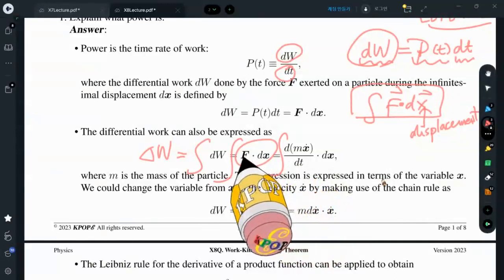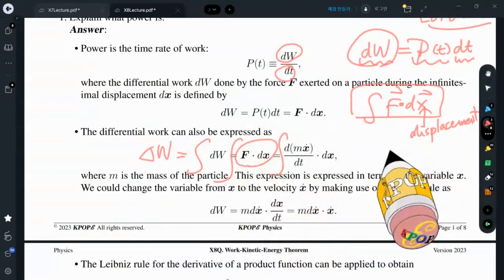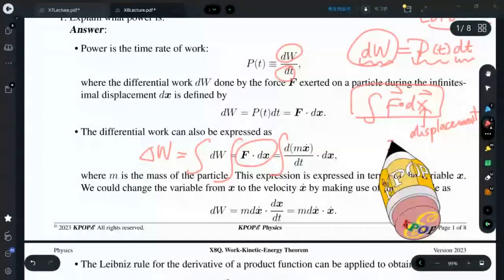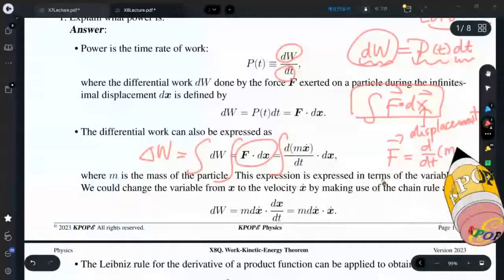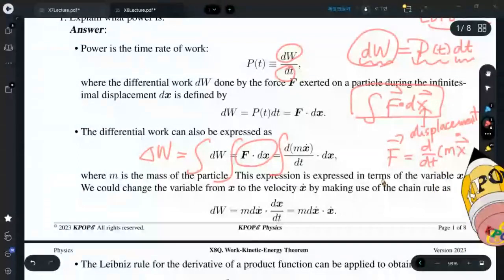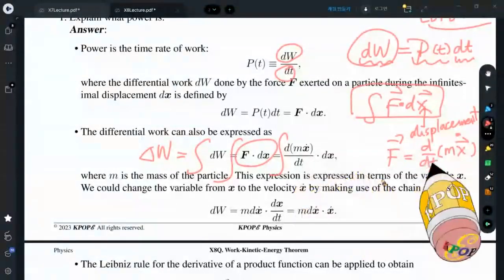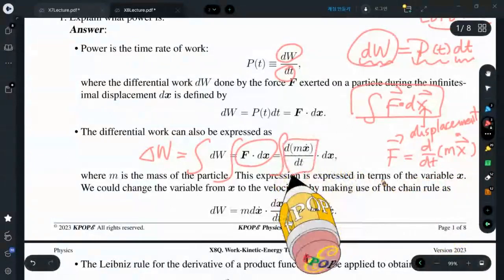Let's see. We remember force is the time derivative of linear momentum, that is mass times velocity. Why don't we substitute this here? This is force.